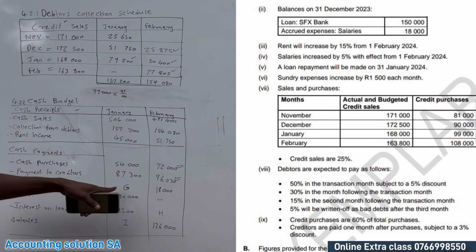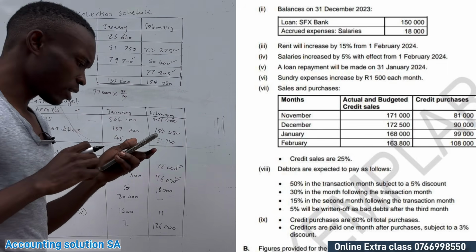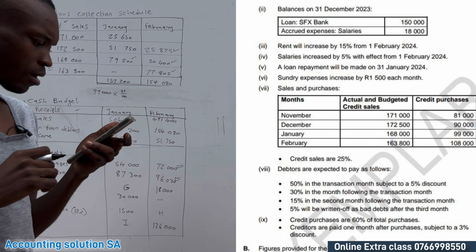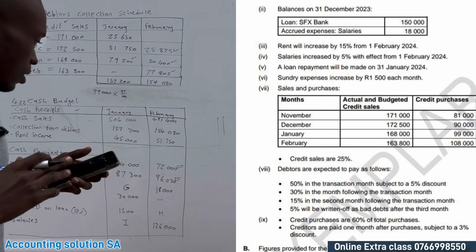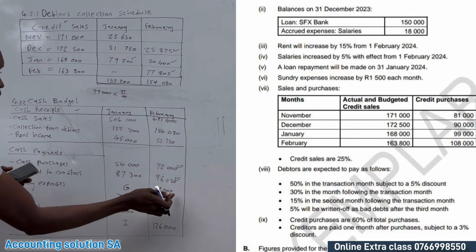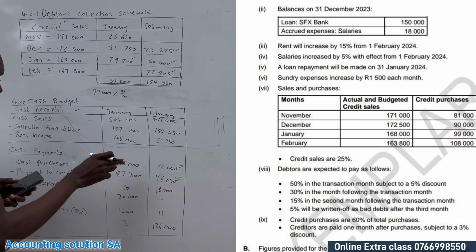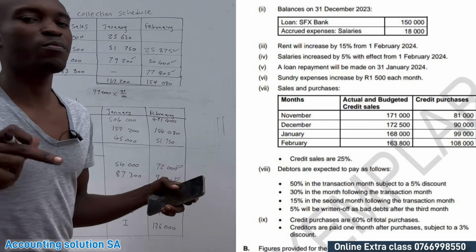Okay, now let's go to number G, sundry expense. Sundry expense, let's read number 5. Sundry expense increased by 1,500 every month, and we are given for February. So now, because we are doing a reverse of January, you're just gonna say 18,000 minus 1,500 before increase.